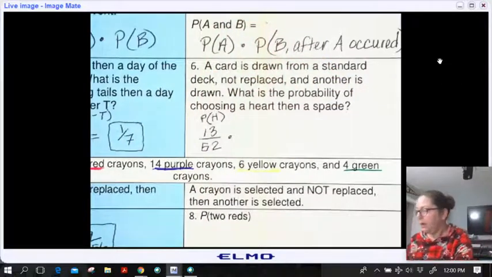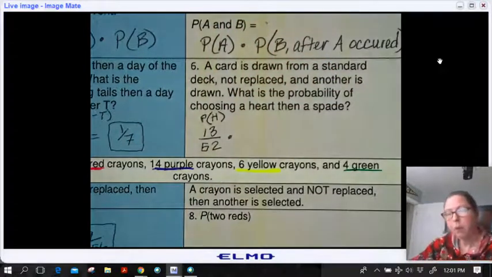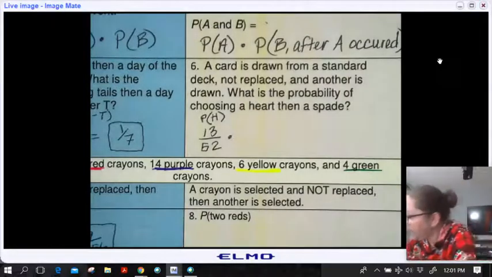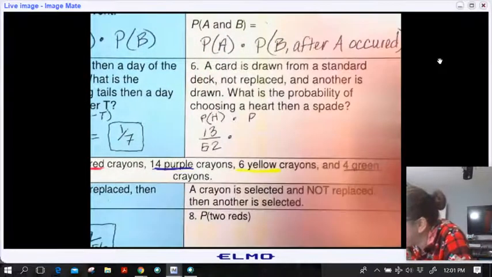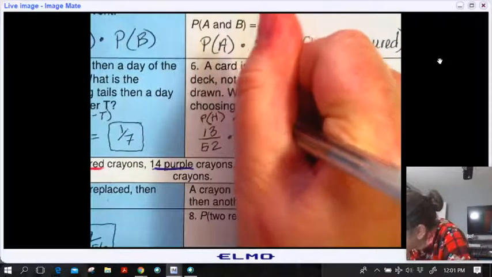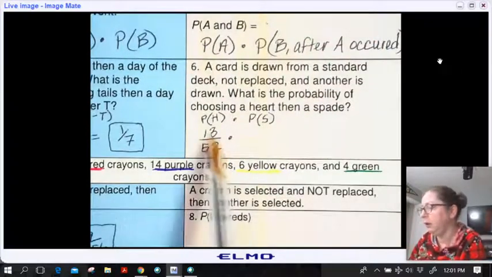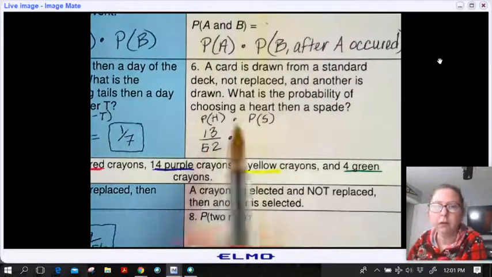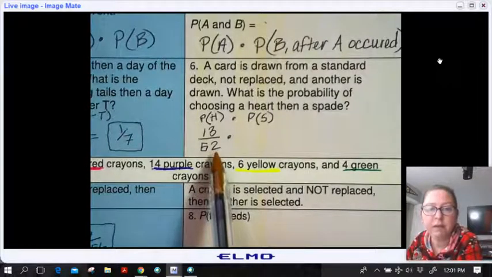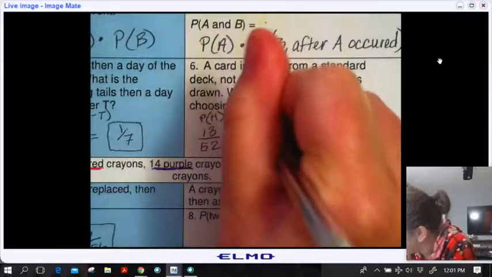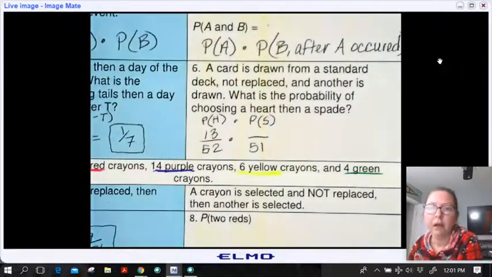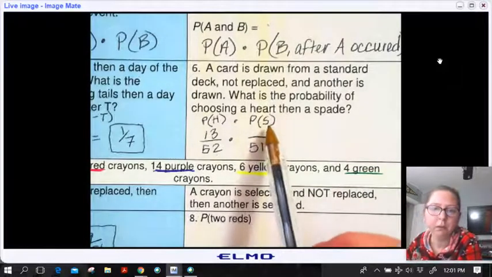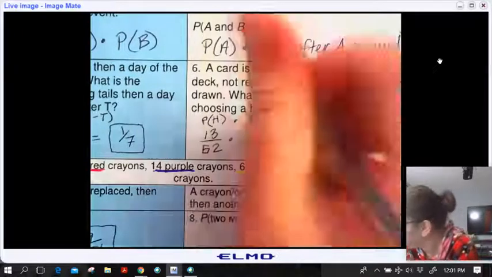Then I'm going to multiply that by my next draw, which is the probability now of getting a spade. So I'm going to put an S there. But here's the deal. I just drew a heart, so now there's no longer 52 cards in the deck. Now there's only 51. And then how many of them am I hoping are left that are spades? Well, there's 13 spades.